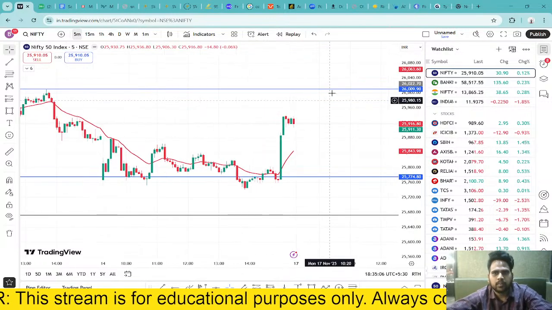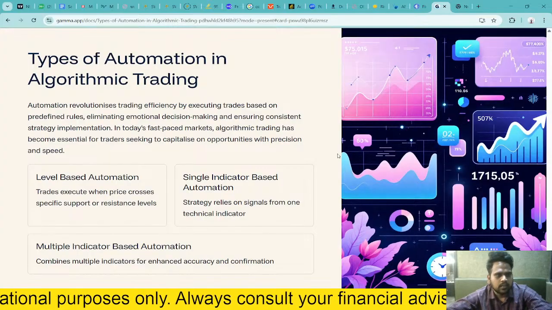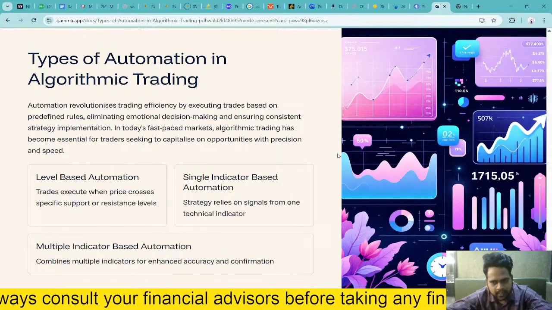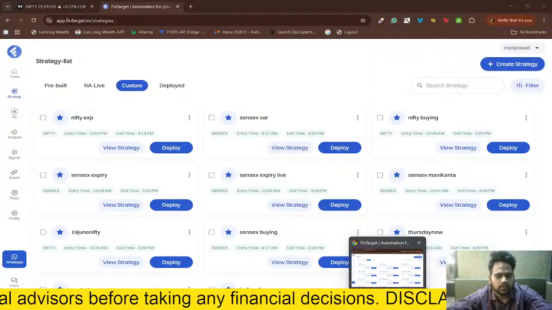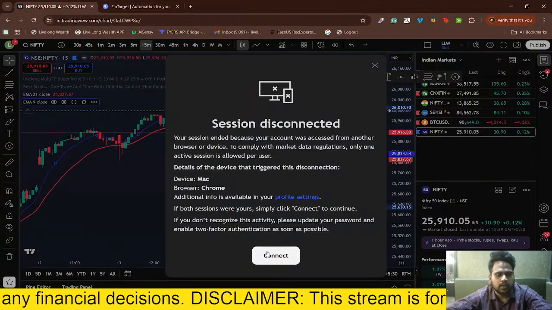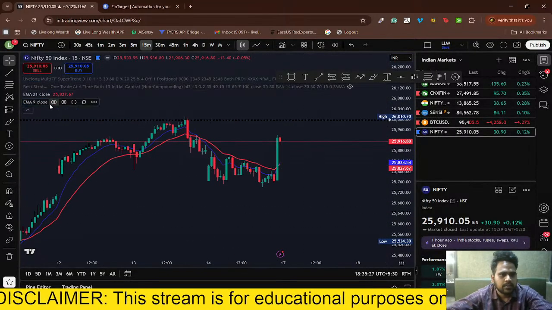Whatever I mentioned now here is level based, single indicator based, multiple indicator based. Everything you can do, just click and you can start trading over here. So that is how it is. I guess everybody understood.